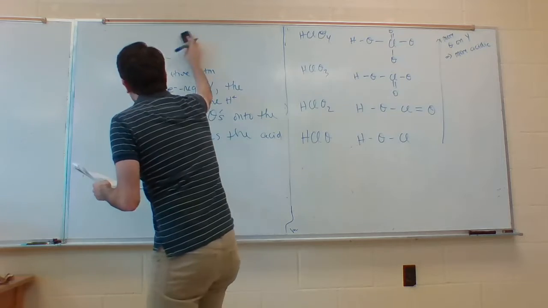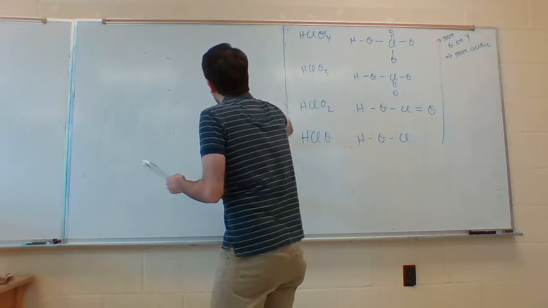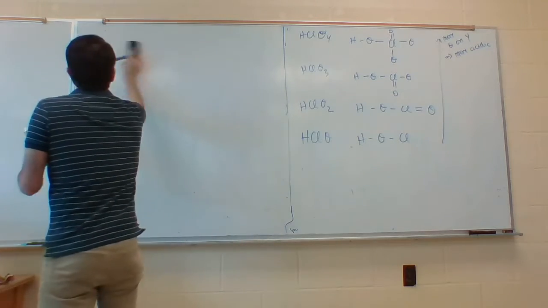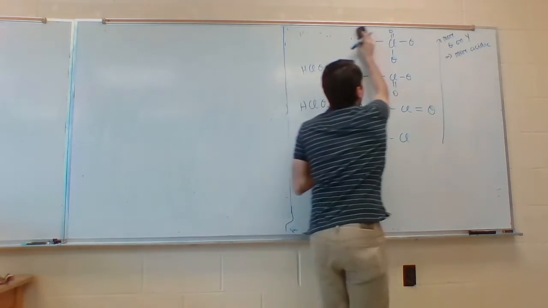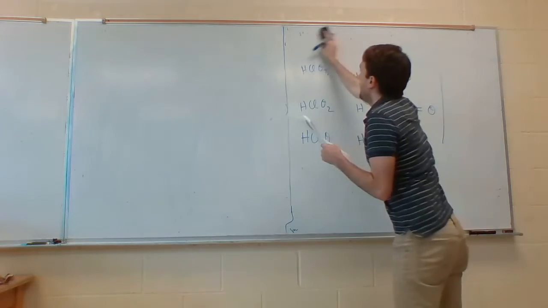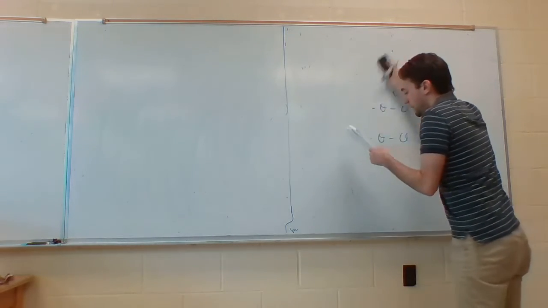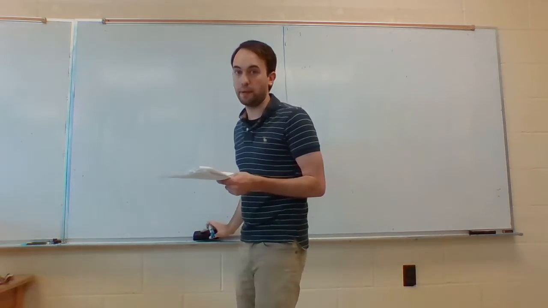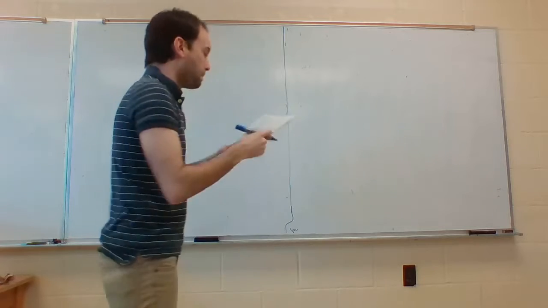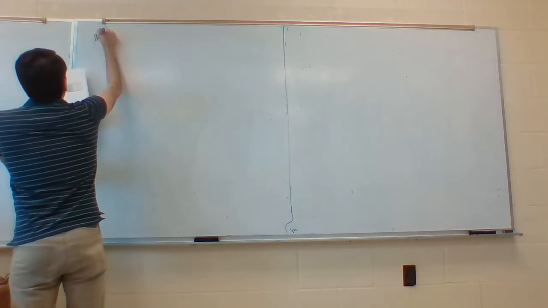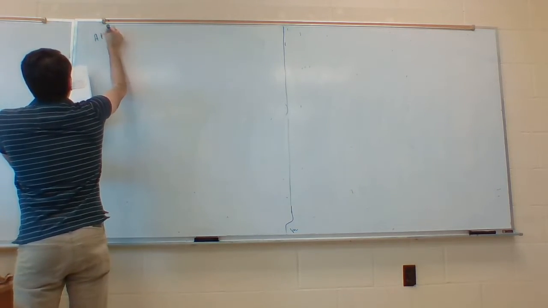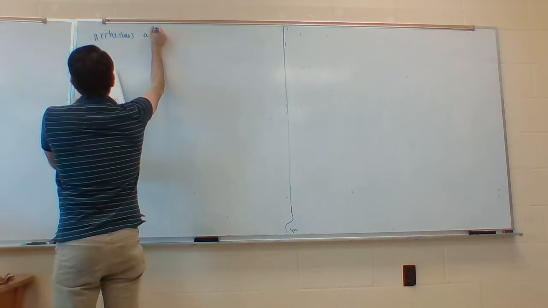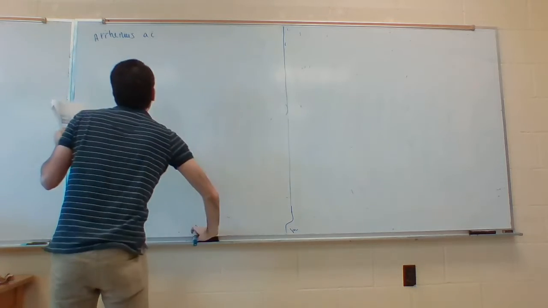And the last thing that I wanted to talk to you about is a different type of acids and bases. Up until this point, we've talked about Arrhenius acids and bases, and we've talked about Lewis acids and bases. Let's actually write this as a table.